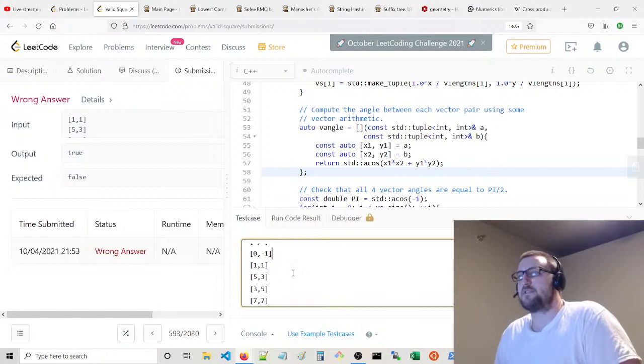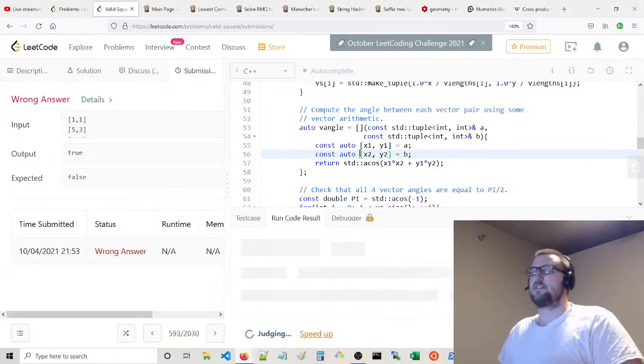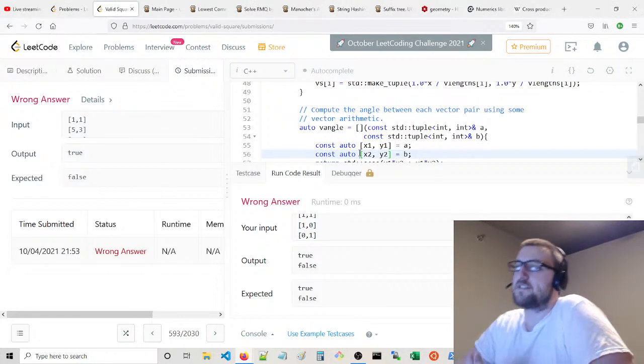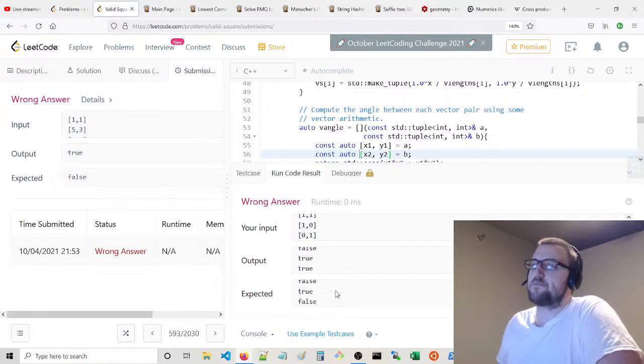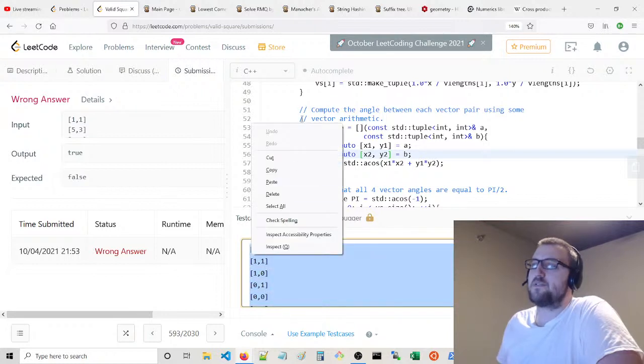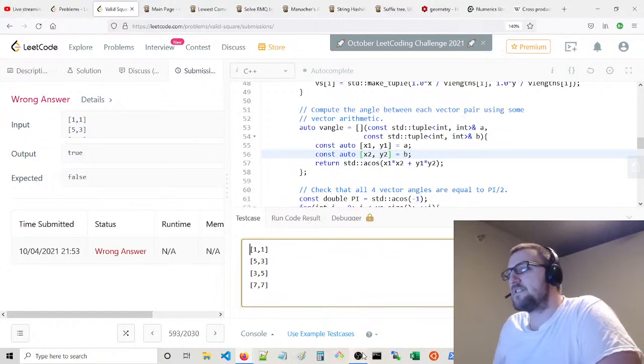Almost certainly these are floating point errors of some kind. Okay, so yeah, I thought that might happen. Some kind of floating point error, almost certainly. Just give me 1 second here, I want to check something.